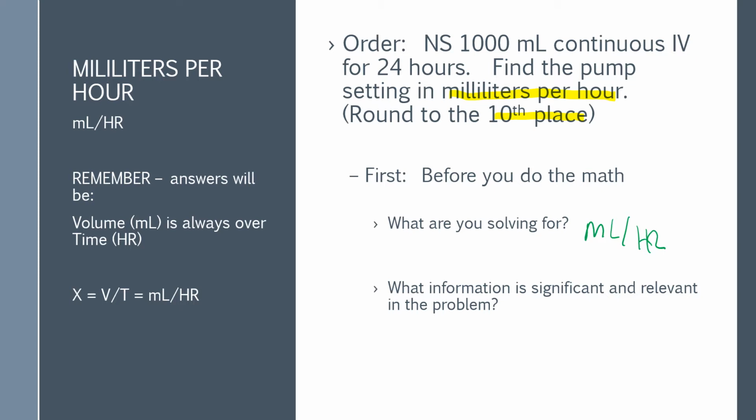So what other information is important? Well, I know I'm solving for milliliters per hour, so this must be important, and this item right here must be important. When you're practicing, I want you to highlight or do some things like that to find out what you are solving for, and then highlight what's important in the question.